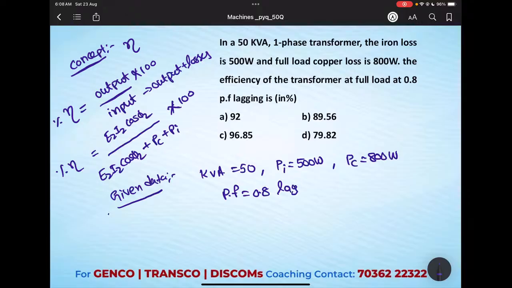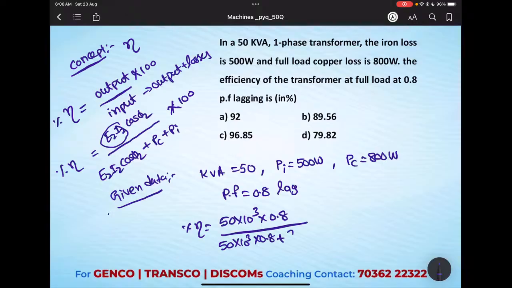Let's substitute the given data into our formula, then you can calculate the efficiency. This E2 I2 can directly be substituted as kVA. That means 50 into 10 cube into 0.8, divided by 50 into 10 cube into 0.8 plus copper loss 800, iron loss 500.